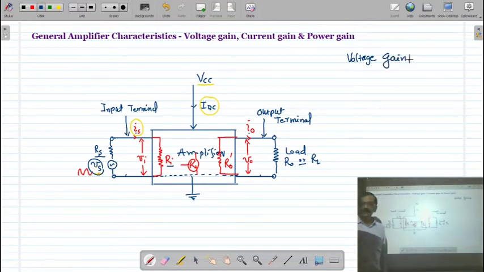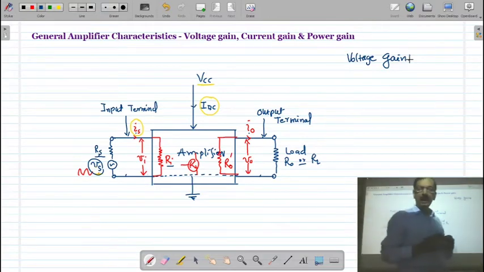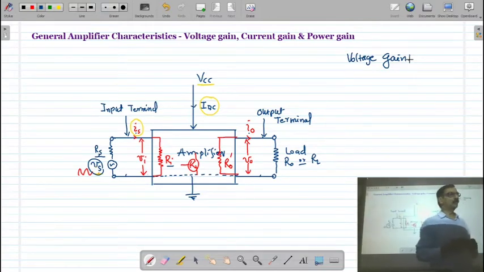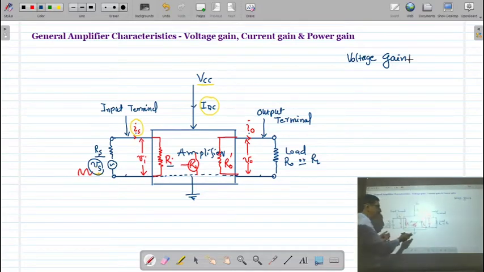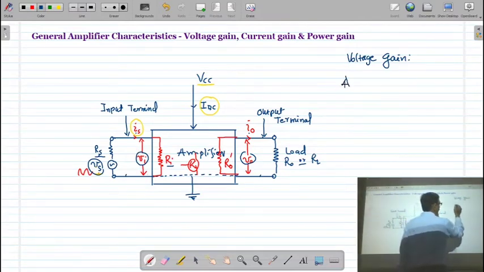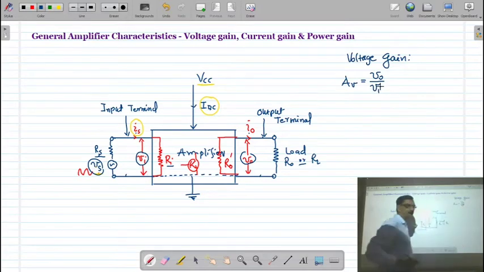In 12th standard you have already defined voltage gain: it is the ratio of the output voltage to the input voltage. In this diagram, the output voltage is VO and the input voltage is VI. If you take this ratio, that will give you the voltage gain. The symbol for the voltage gain is AV, and we write this as VO by VI, output voltage divided by input voltage.